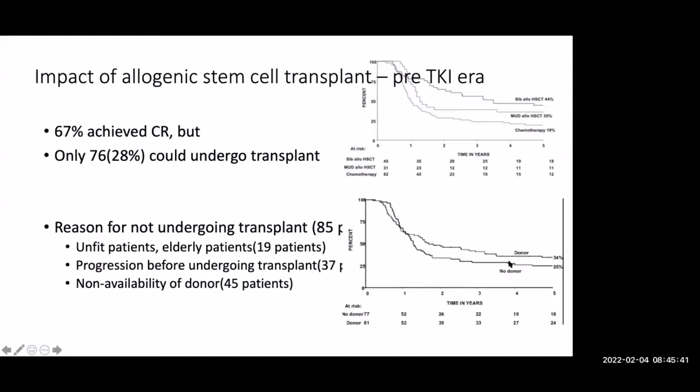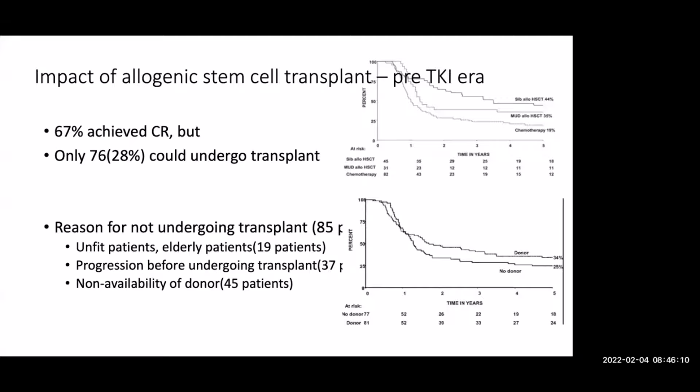So if we see the donor versus no donor survival analysis, we find that even in those patients who had a donor, the 5-year survival is 34%. So this graph only looks at the small subset of patients who had undergone sibling allogeneic stem cell transplant and MUD allogeneic stem cell transplant.